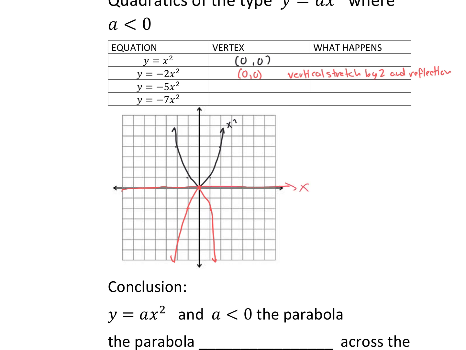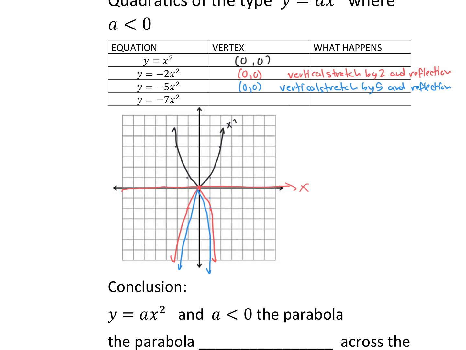If I do negative 5x squared, it's not only going to stretch it by 5, 1, 2, 3, 4, 5, but it's going to flip it over. So it's going to make it skinnier, pulling it down, and flipping it over. So the vertex still stays at 0, 0. It's going to have that vertical stretch of 5, and it's reflecting it.